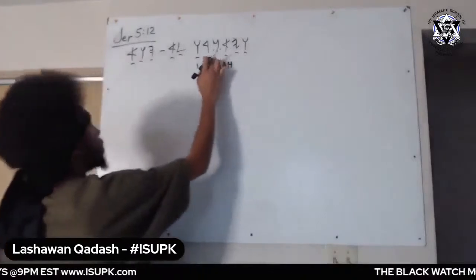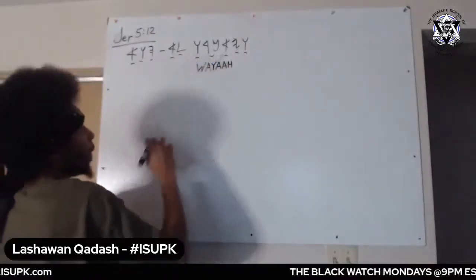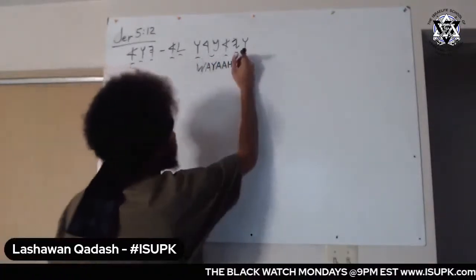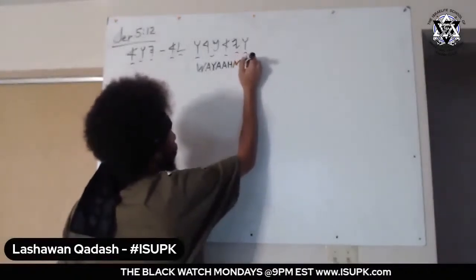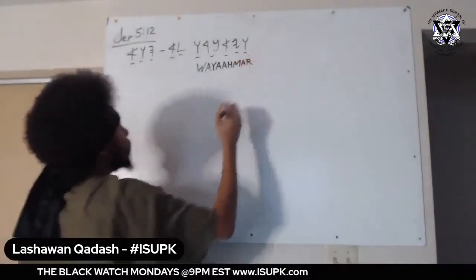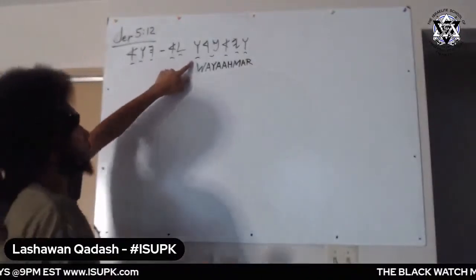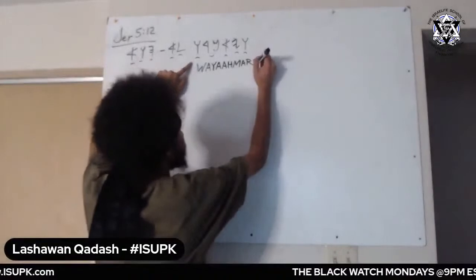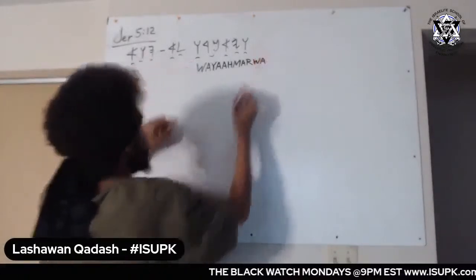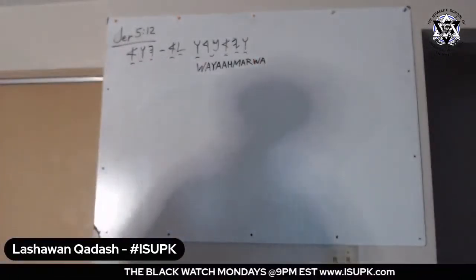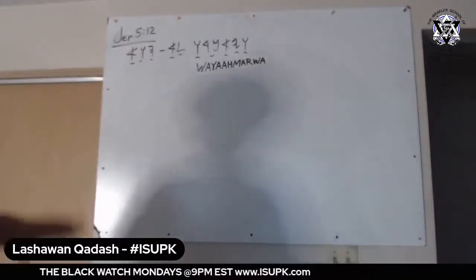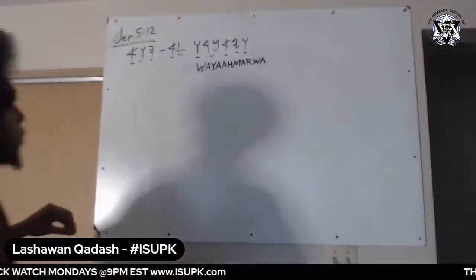Since it's towards the end of it, the A is going to drop off from the ra. So M-A-R. And then lastly, you have the wa again, and this is going to be by itself. So you have W-A, right? I'm going to get into the prefix and the suffix in a second, so that way it's not too confusing.